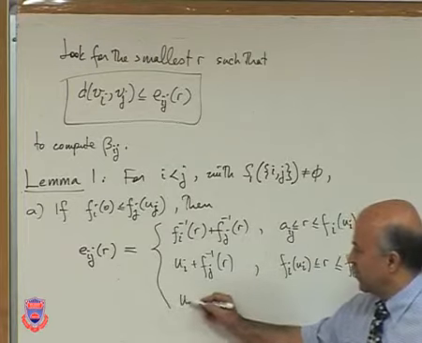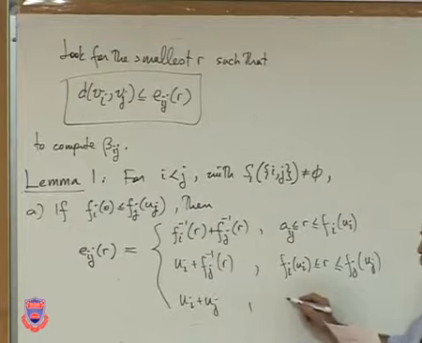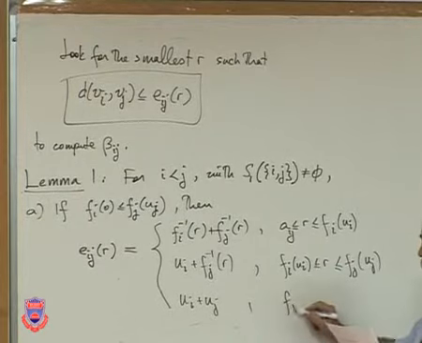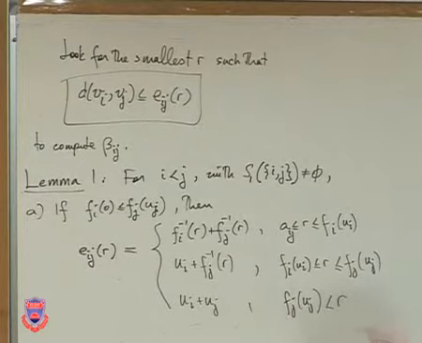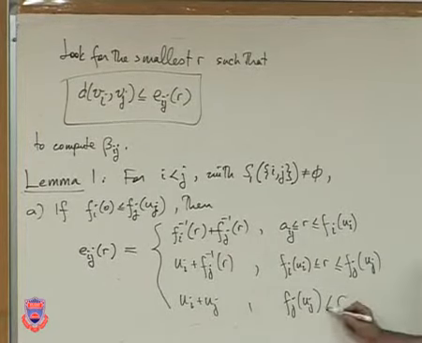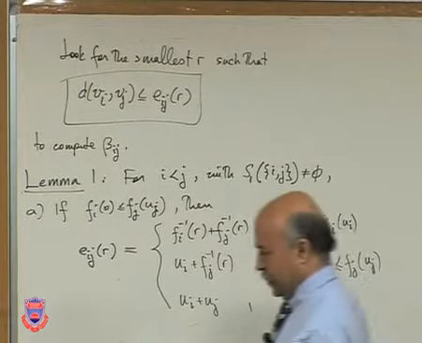Finally, it will be Ui plus Uj when R is greater than Uj. Again, equalities can be included in all of them because they will output the same thing. All right, that's part A of the lemma.